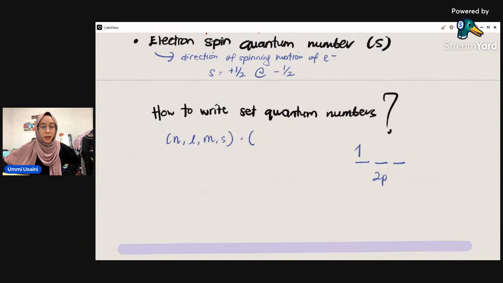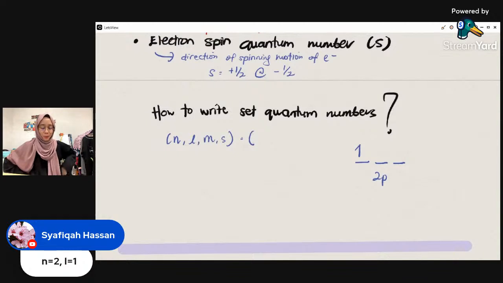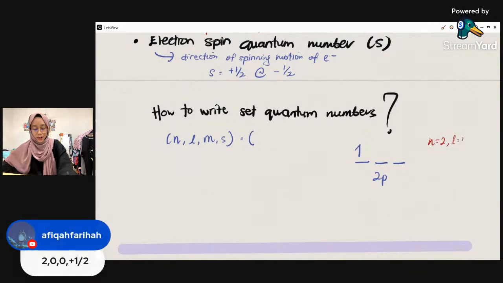N equals 2, L equals 1. Thank you Clement. And there are Halus, Syafika, Laina. So far everyone has given the same answer. Oh, someone even gave the full set of quantum numbers: 2, 0, 0, positive half. That means Afiqah put N equals 2, L equals 0. So now we have two answer choices: some put N equals 2, L equals 1, and some wrote N equals 2, L equals 0.